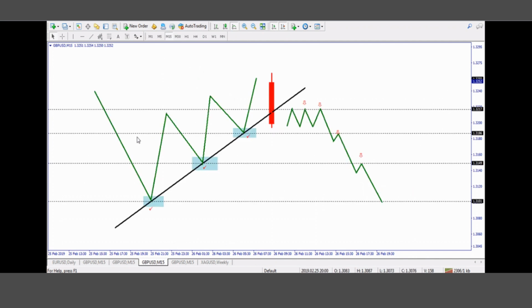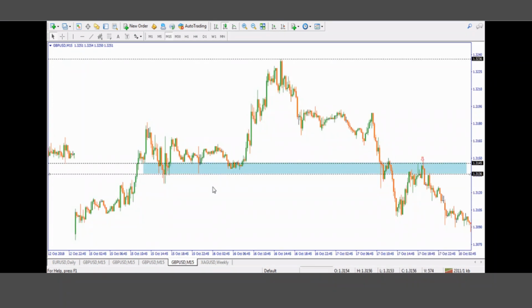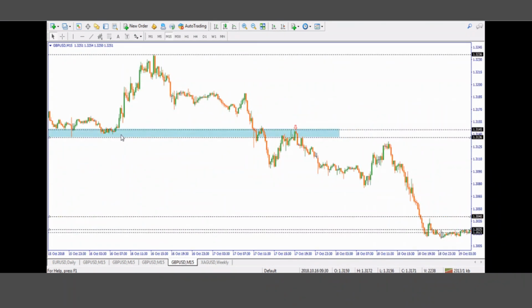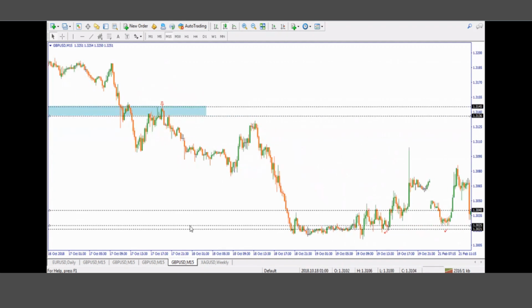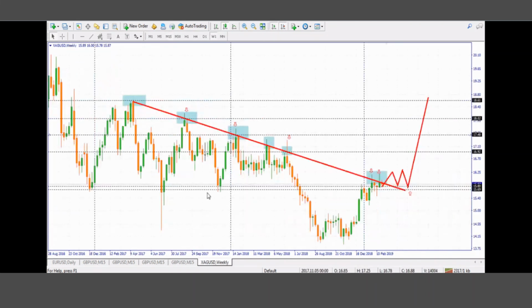Then we also looked at this one, which is a bearish breakout. Despite the fact that this is a diagonal one, this is still a bearish breakout. Then we've looked at an example where price is using the same level as a support and then it breaks it, then it used that as a sell place. We've also looked at the opposite of that. Then we've looked at just one example where price breaks above a diagonal level and then it uses it as a resistance. So this is what we expect in the future.